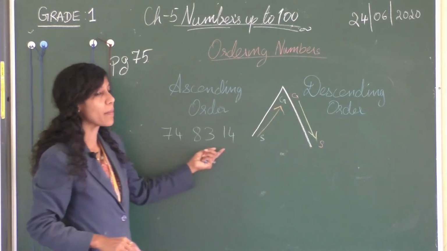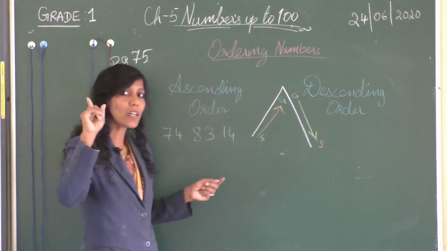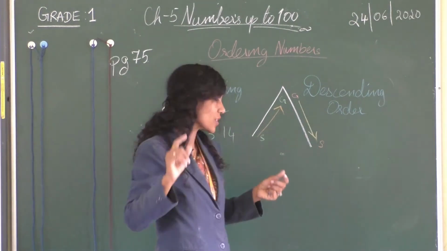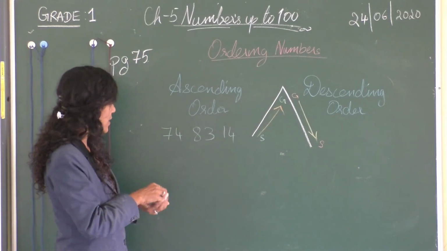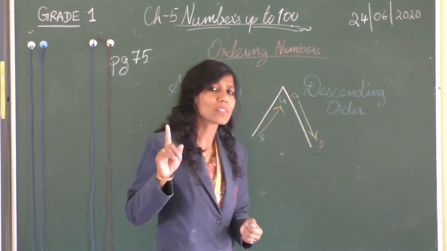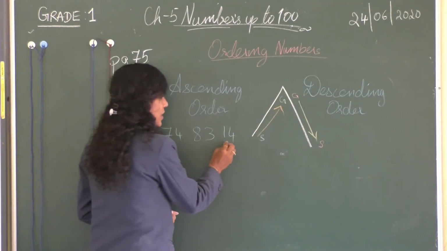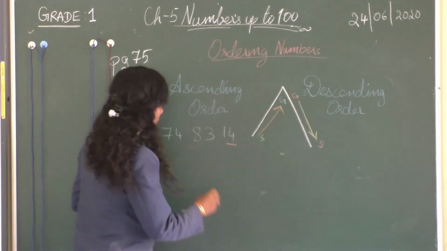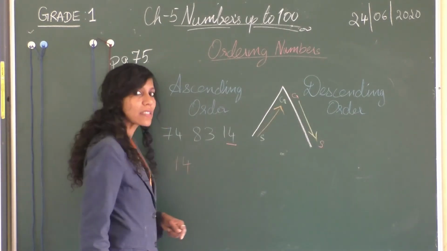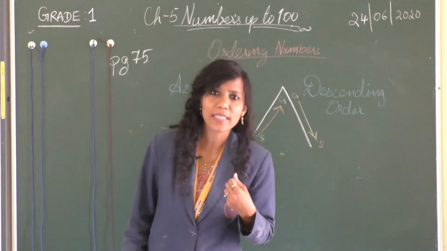So which is the small number? How do you find out which is the small number? We have to see the first digit in the number given. Which is the first digit? 7, 8, 1. Which is the smallest most? 1. Yes. So the number which you write first is 14. Now 7 and 8, which is small? 8 or 7?